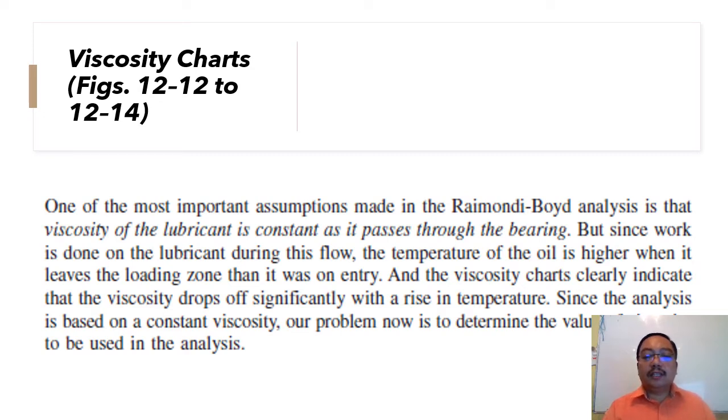The viscosity chart clearly indicates that the viscosity drops off significantly with a rise in temperature. Since the analysis is based on constant viscosity, our problem now is to determine the value of viscosity to be used in the analysis.